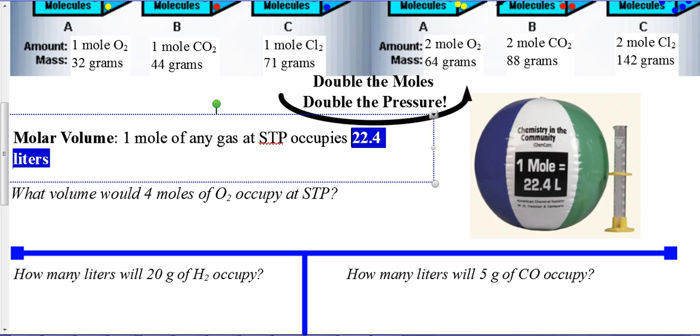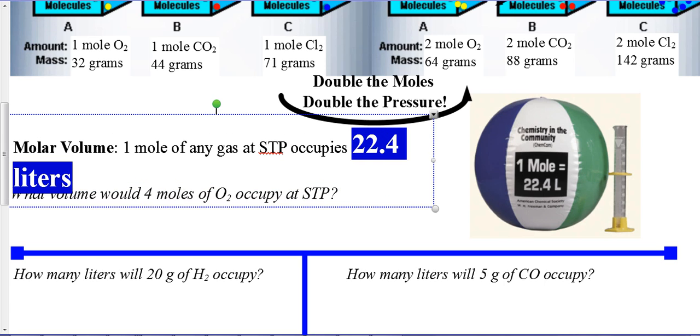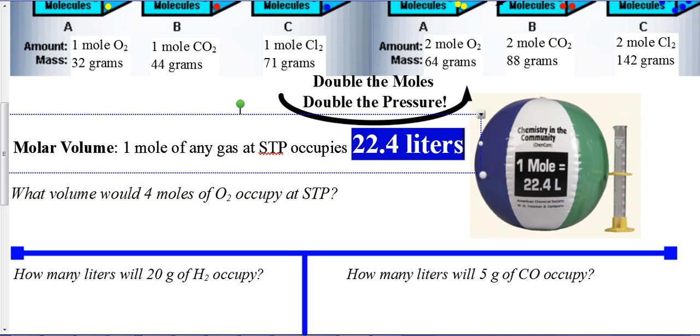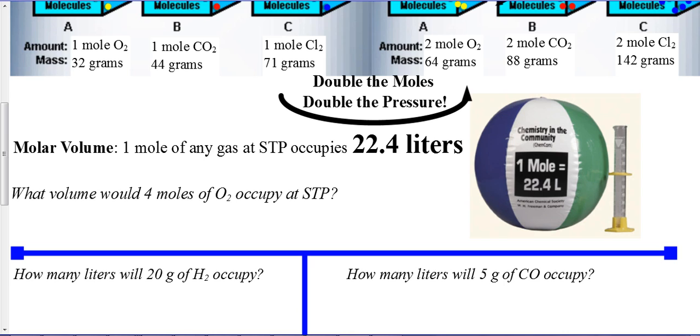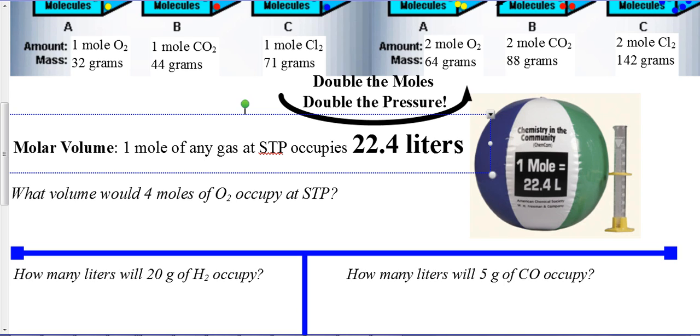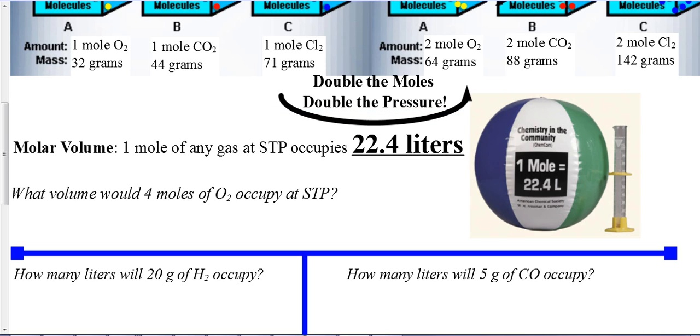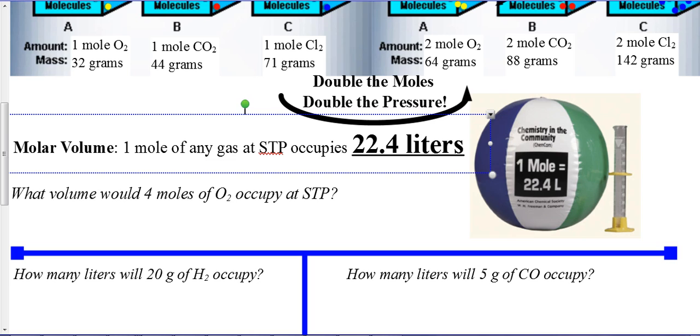Okay, and this is a really important number. This is something that we will come back to time and time again with some of our problems. 22.4 is a big constant that we will address. And the important thing also is any gas.